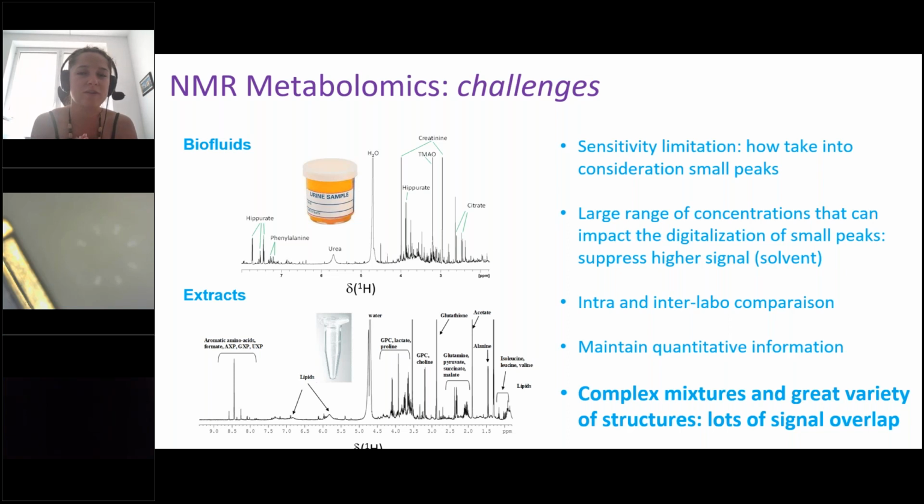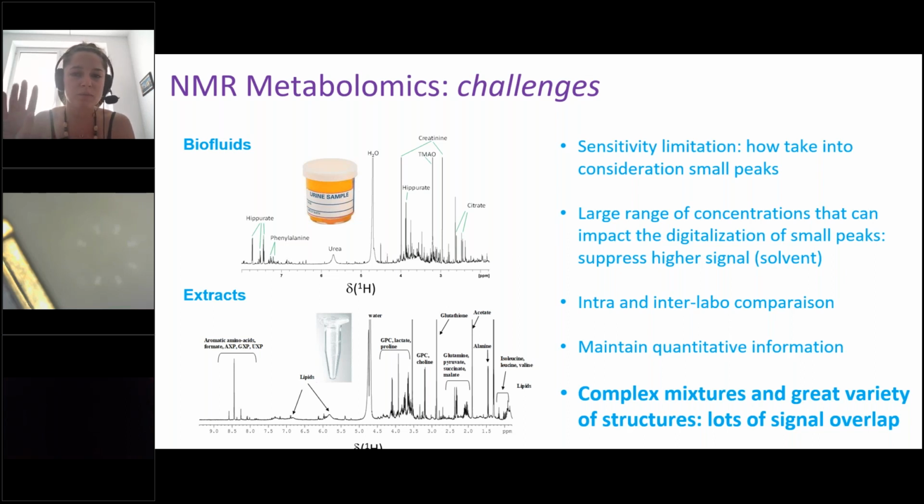The main challenge is the very low sensitivity that NMR presents, but there are also several other smaller challenges, such as the fact that we are looking at a large range of concentrations, and that will impact the digitalization of small peaks, which makes it very important to suppress the higher signal, which is most of the time the solvent signal, but still maintaining good robustness and repeatability in order to maintain intra- and inter-laboratory comparison, and maintaining quantitative information as well, because it's one of the assets of NMR metabolomics.